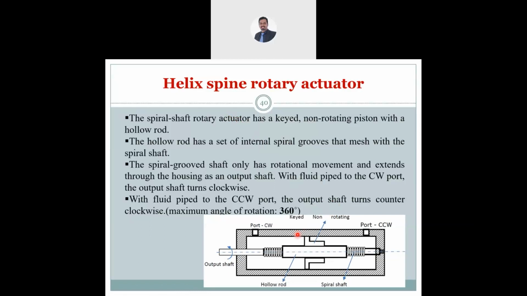So if you see here, this is a non-rotating part, but it will move from left to right in your piston body. Okay, and you have a screw. When you have a screw here, this is a moving part.